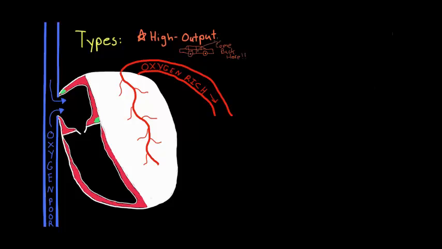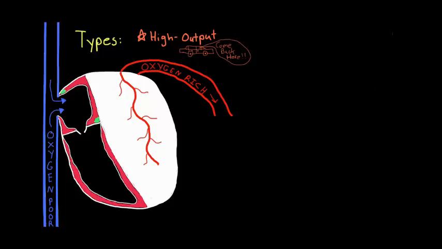Well, the reason it can't go any faster is because your engine is just not capable of going any faster than you're going. 90 is the max. There's nothing wrong with your engine, it's just not capable of doing the work that you're asking it to do. That's what high output heart failure is in a pretty simple analogy.